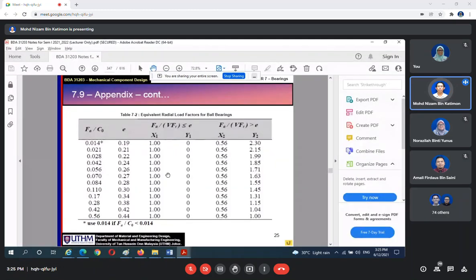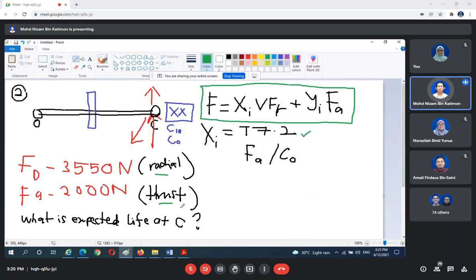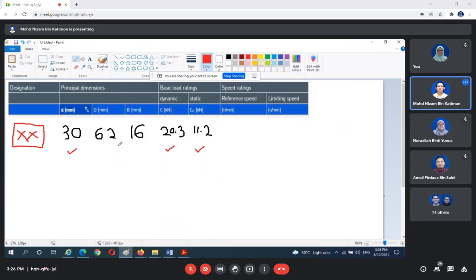Table 7.2 asks for the value of FA divided by CO. In our case, FA is the thrust load at point C, so its value is 2000. CO, our value of CO just now, is 11.2.